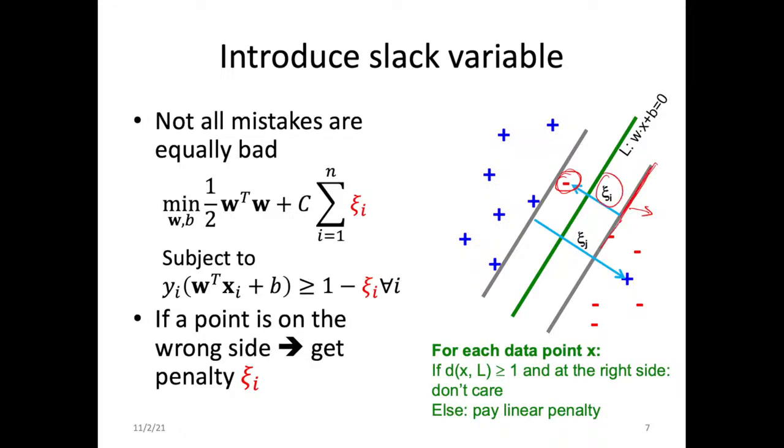This is the error of this instance. Likewise, this one should be here. So this one is wrong, and the penalty of this one is this much. For different instances, we have different xi.